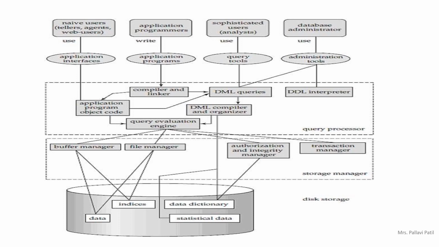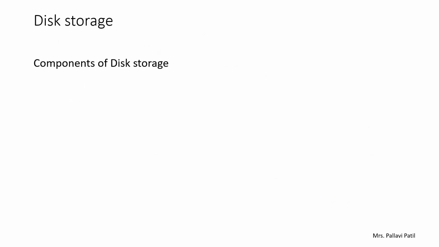You can see here the diagram of the overall structure of a database management system, with the different components: the storage, storage manager, query processor, and different database users. These components also have their own components, so we will see them one by one.